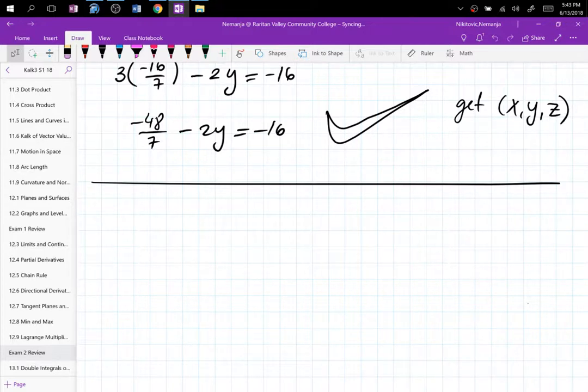Yes? It has to be one of them. We'll see which one is the one.